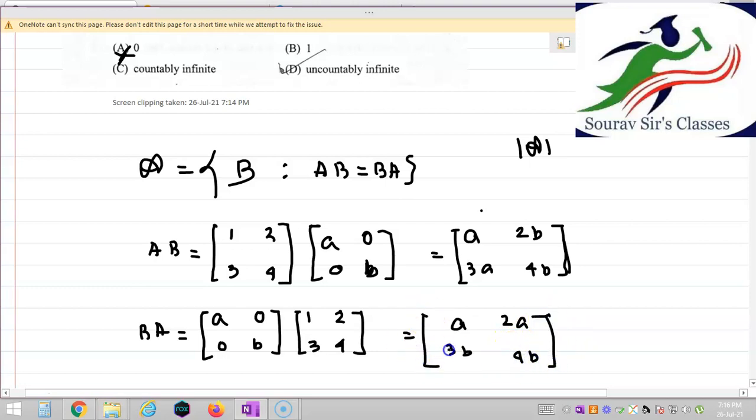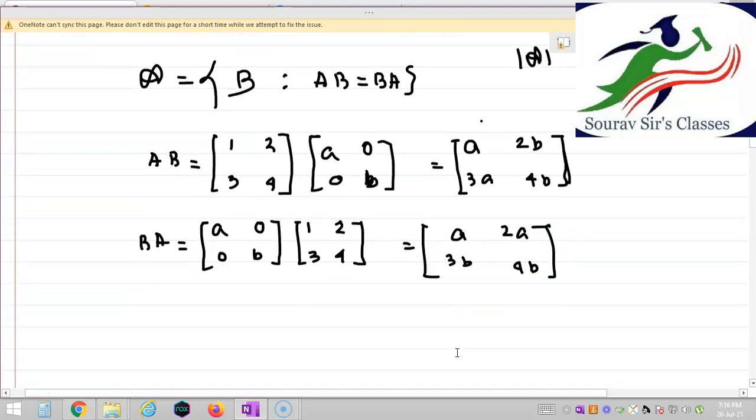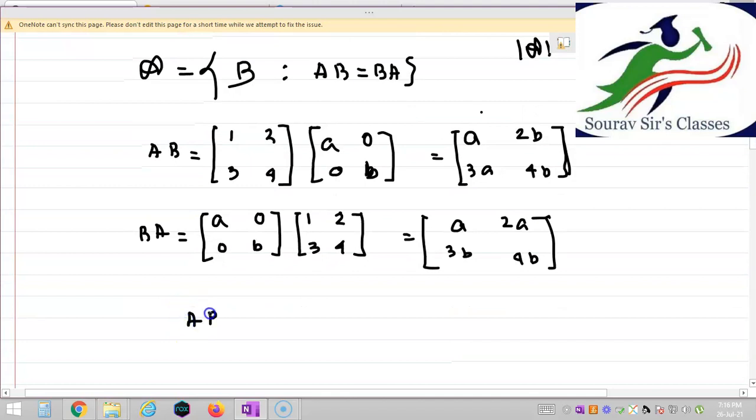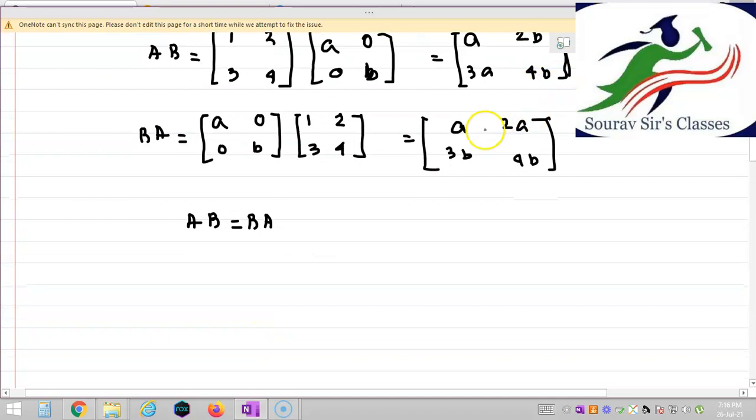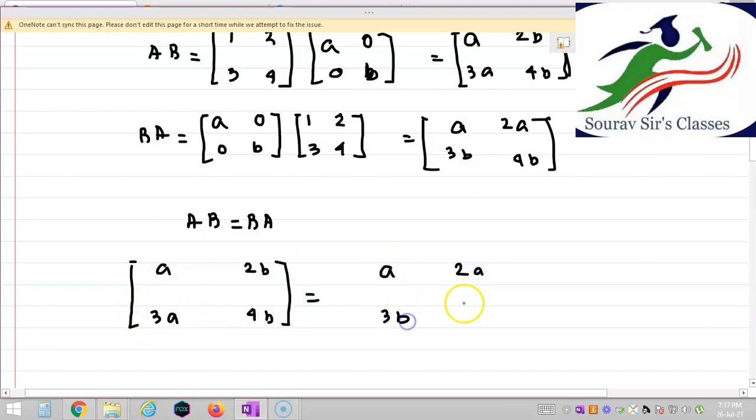Now AB is equal to BA implies this matrix is equal to this matrix, that is a, 2b, 3a, 4b is equal to the matrix a, 2a, 3b and 4b, right?